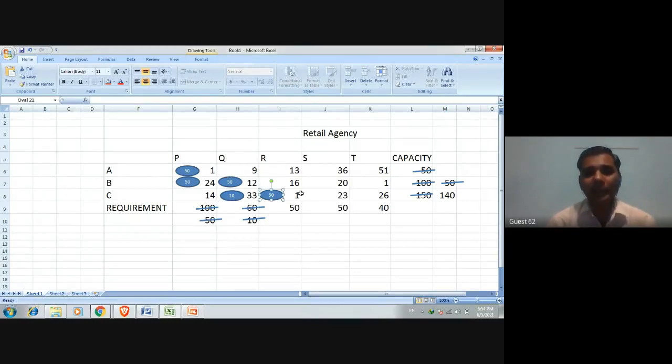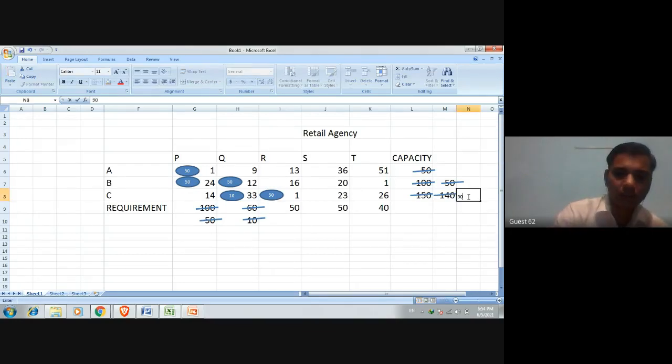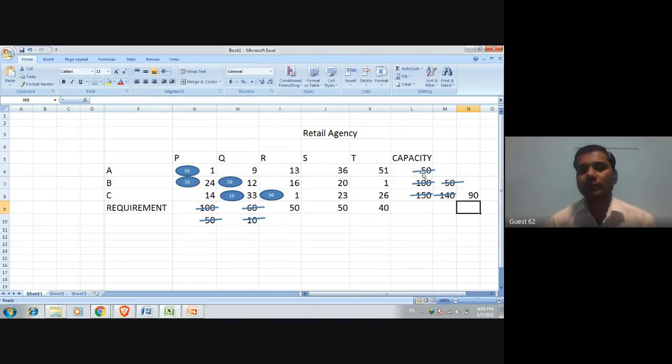So how many units are left with warehouse C after allocating 50 units from the 140 units? C has 90 units, because C has given 50 units to the retail agency R. So we will cross the 140 and write down here 90.